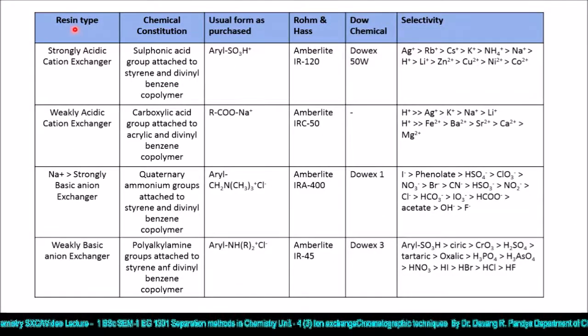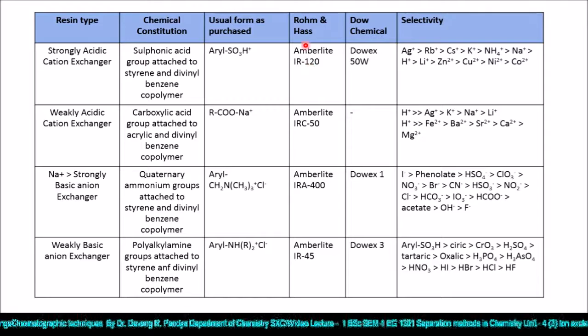Now here you can see the type of resin, strongly acidic cation exchanger, in which we have a sulfonic acid group attached to styrene and divinyl benzene copolymer, and the usual form as purchased, that is aryl SO3H, that is the cation.